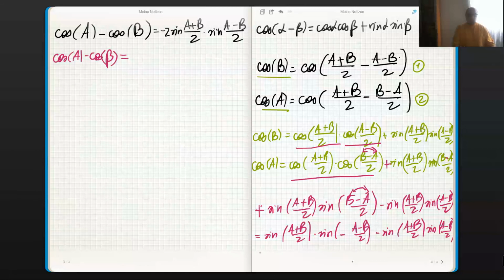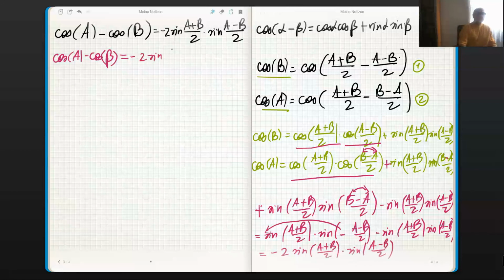And that means we are kicking this minus in front and having actually two same expressions. So that's why we're having minus 2 sine of A plus B divided by 2 times sine of A minus B divided by 2.